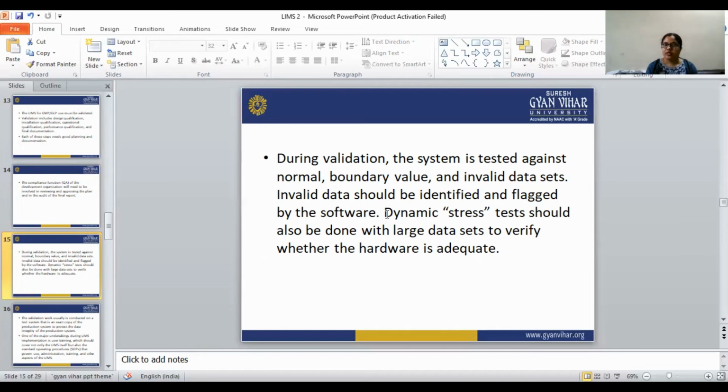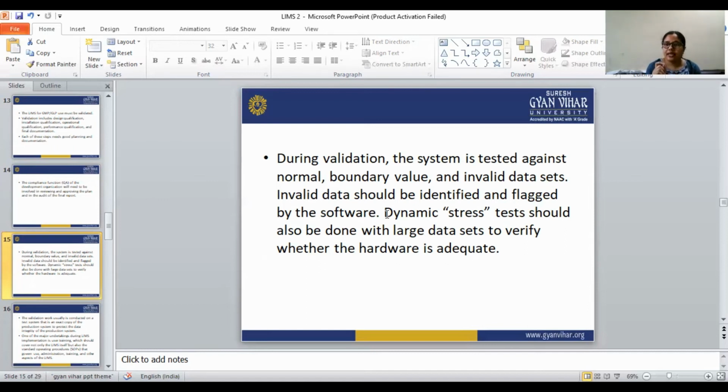So during the validation, there are two tests. The first one is that the system is tested against normal value, boundary value, and invalid data sets. To pass that particular test, the software must automatically identify and flag the invalid data set.